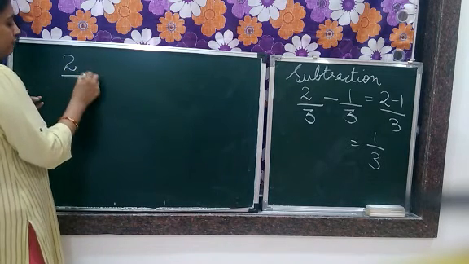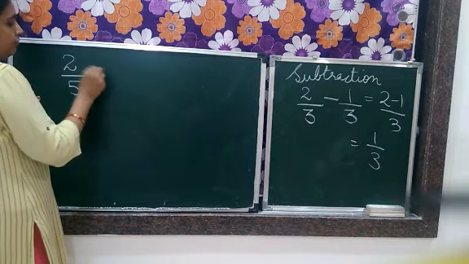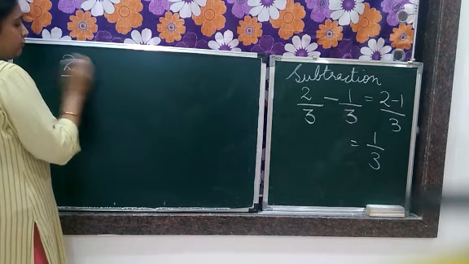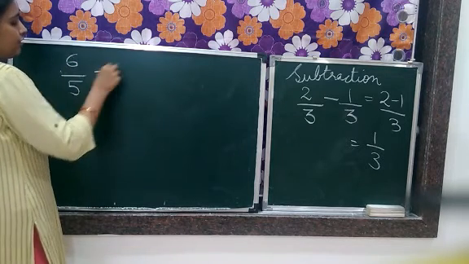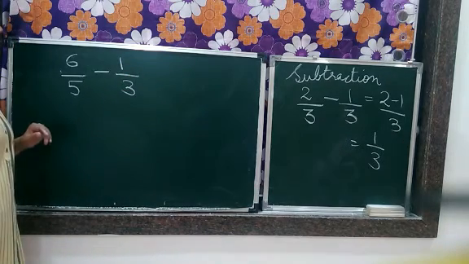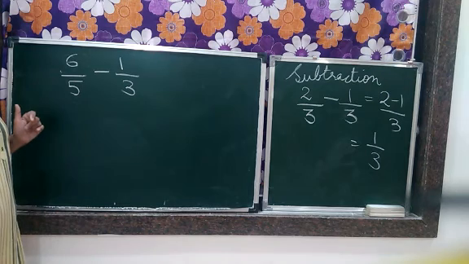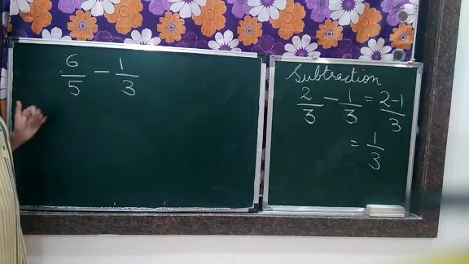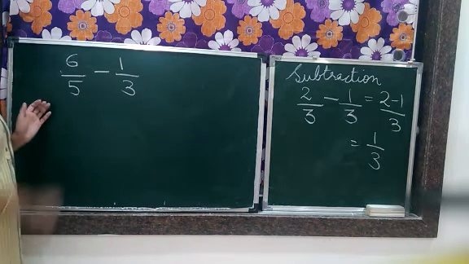Let's take 6 by 5 minus 1 by 3. Here you can see denominators are not same. So let's make the denominators same. How to make the denominators same? Interchanging and multiplying.